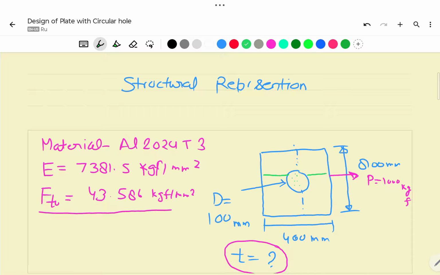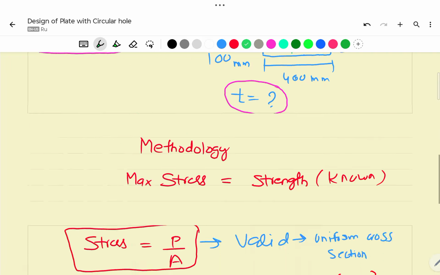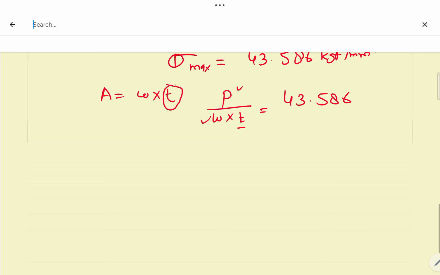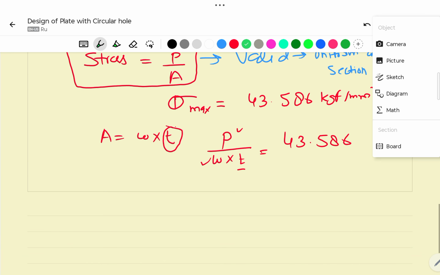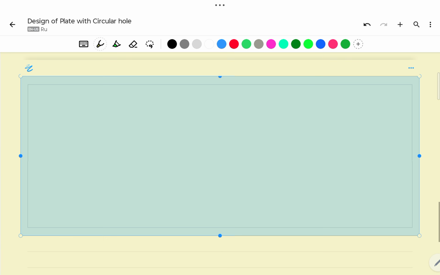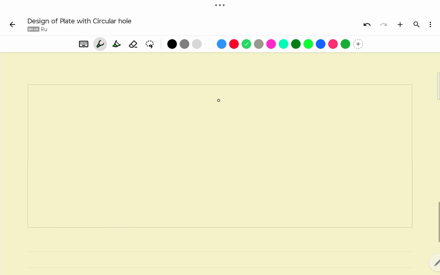But in this area, my cross section is non-uniform. If you draw the cross section here, it is non-uniform.